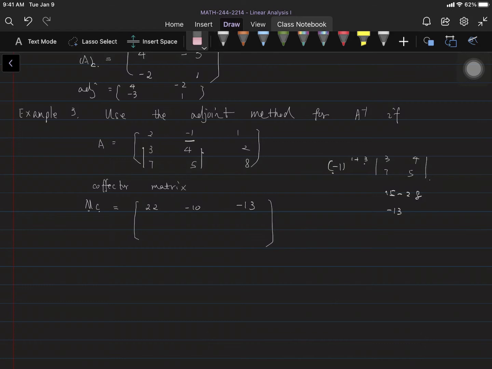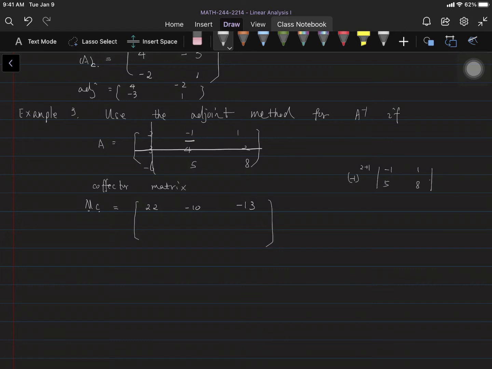Let's do one more in the second row, and then we can just skip the other numbers. So let's see. For the number 3, what is the cofactor? Number 3 cofactor should be negative 1 to the 2 plus 1 power times the minor, means cross this row, this column.